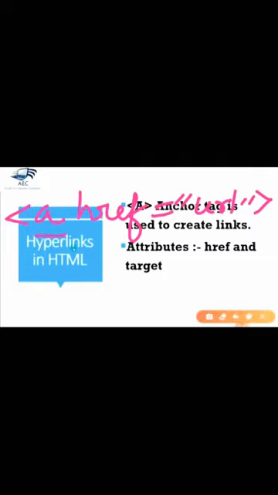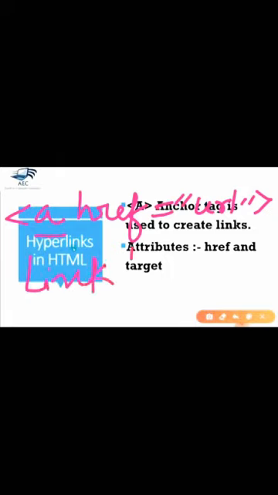This is the linked text. When you click on that text, the link will move to the next page or the certain path. Between the opening anchor and closing anchor we write the link text.